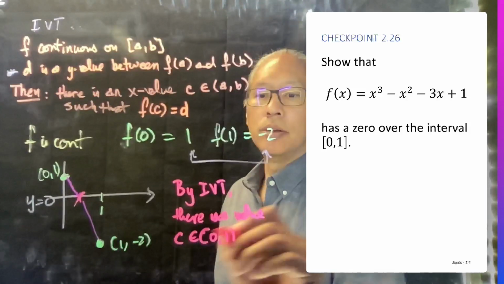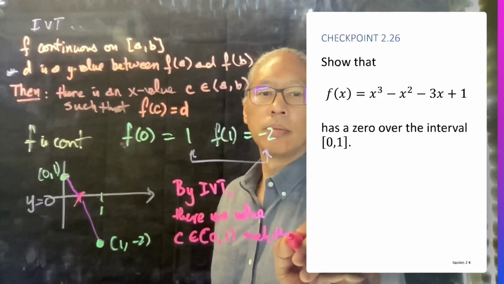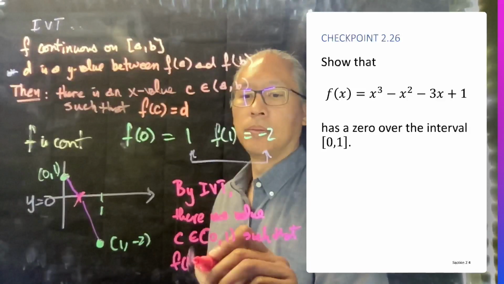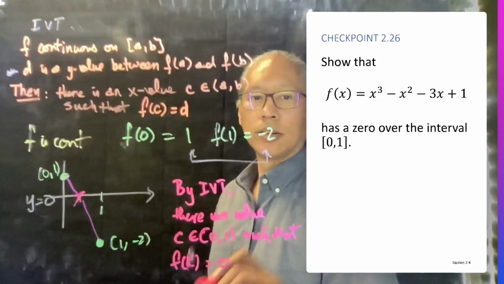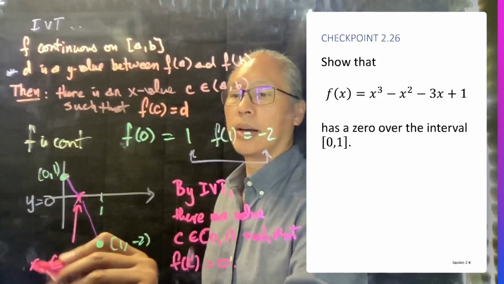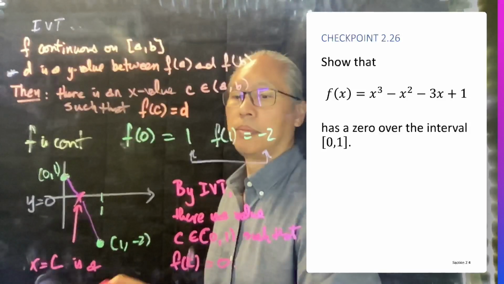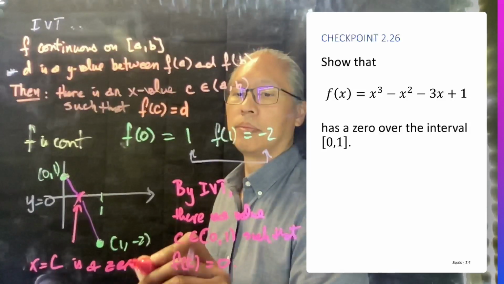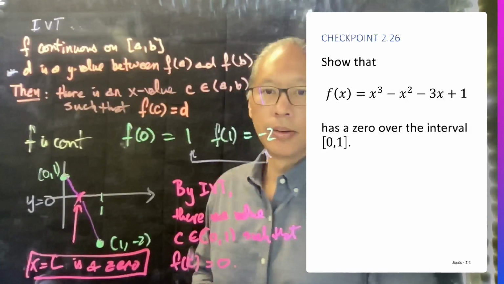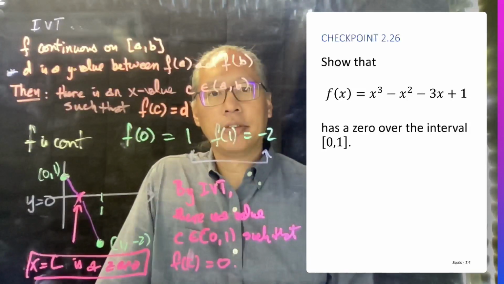So there is a value c between 0 and 1 such that f of c is equal to 0. And so that means x equals c is a 0 for your function.